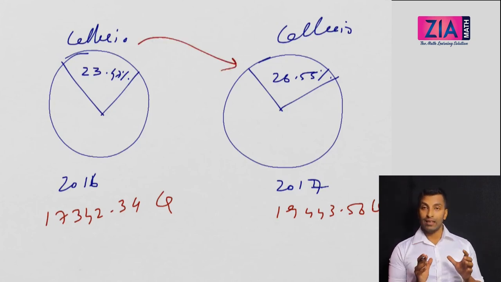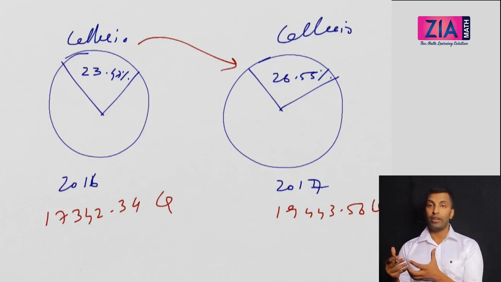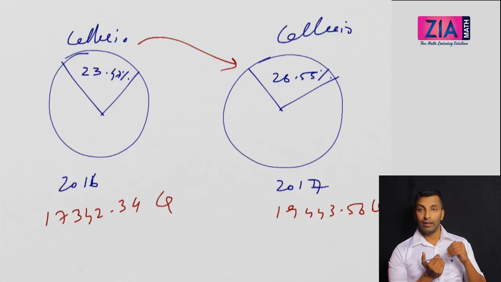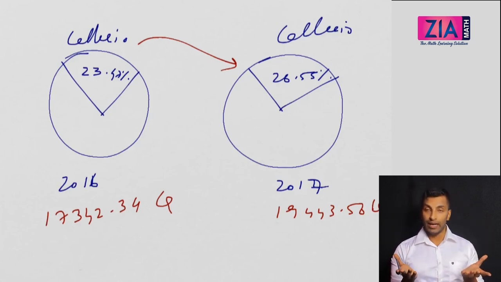So what is the change from year 2016 to 2017? So what we need to find is what is the revenue from Celerio in 2016 and what is the revenue from Celerio in 2017, and what is the absolute change in that, and divided by the year 2016 revenue, and then you'll get the percentage, right?